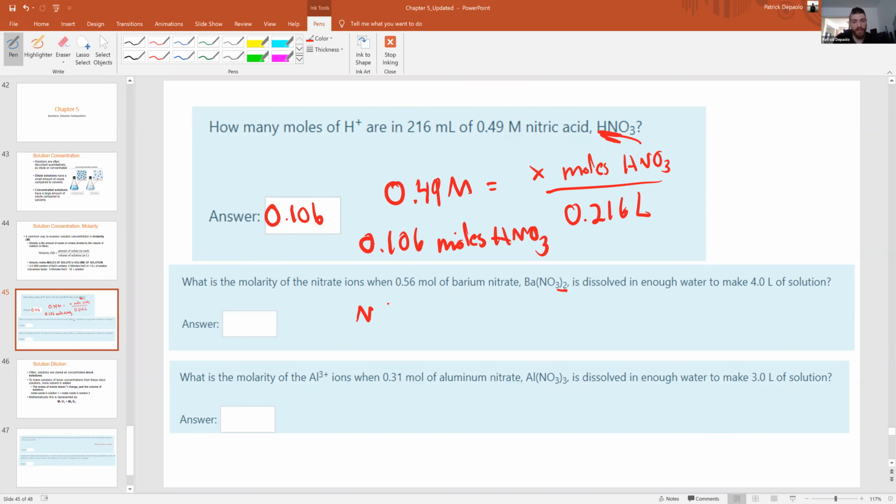We don't know the molarity, so molarity equals 0.56 moles of BaNO3, and that's going to be over 4 liters. So do that math, and 0.56 divided by 4 is 0.14.